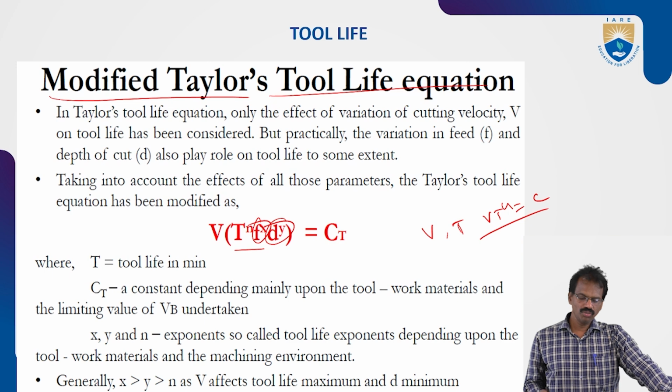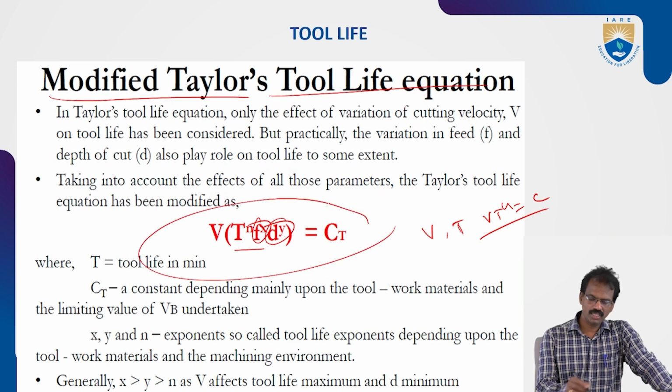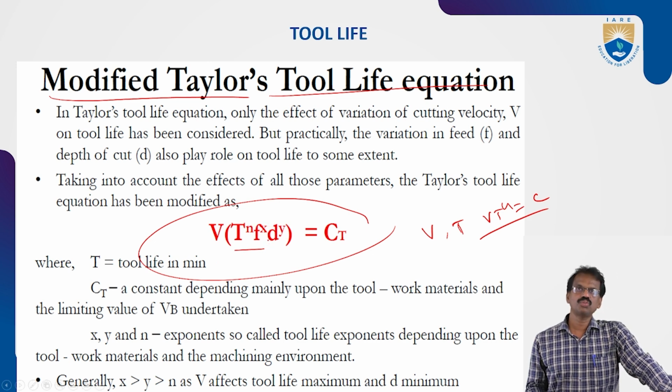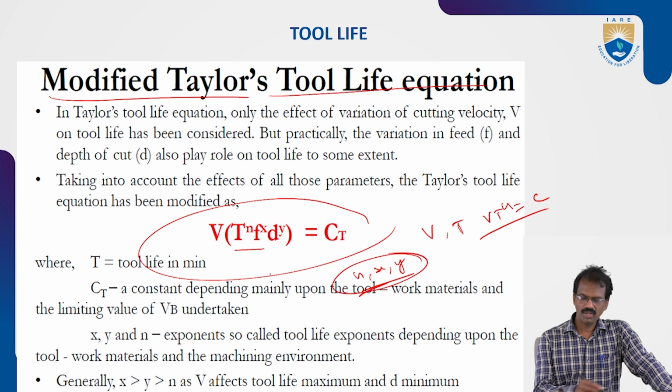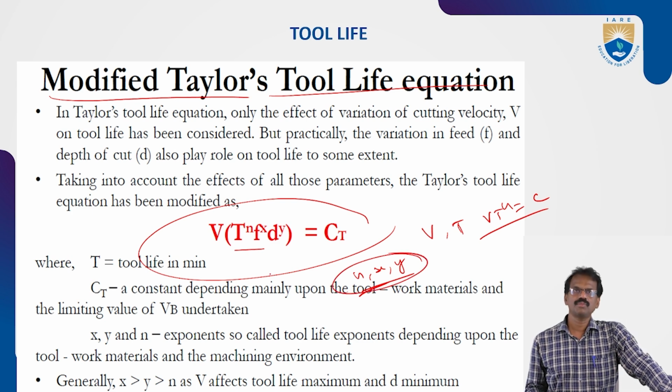Including these, the formula given by Taylor is V t to the power of n, f to the power of x, d to the power of y, where n, x and y are just exponents. These exponent values depend upon the work material, tool material and machining environment also.